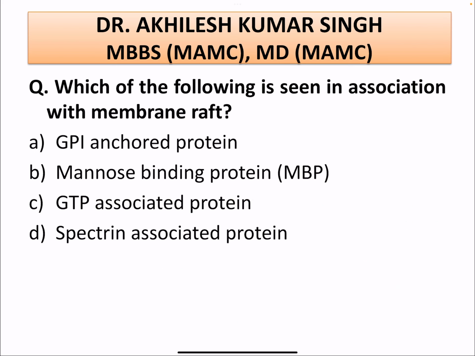Now another question is, which of the following is seen in association with membrane raft? You should have the knowledge of what the membrane raft is and what it contains.